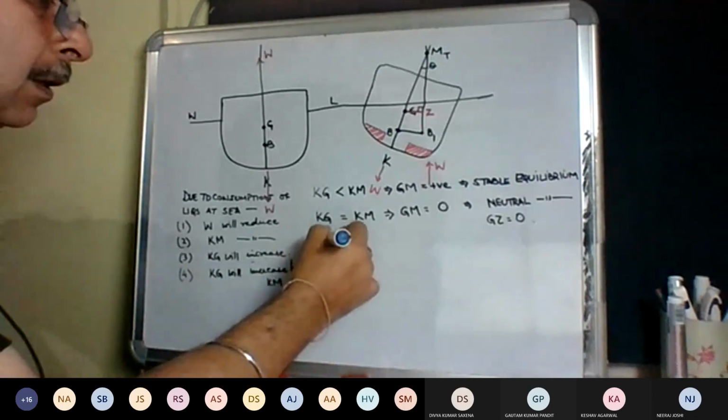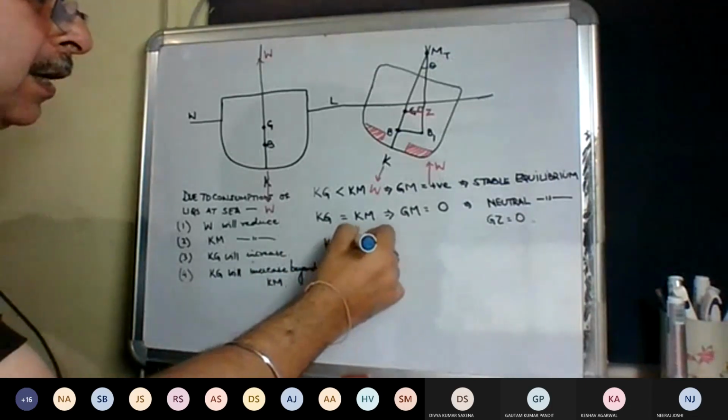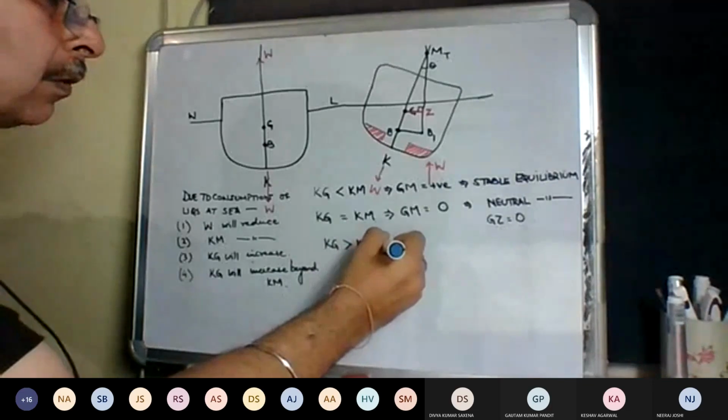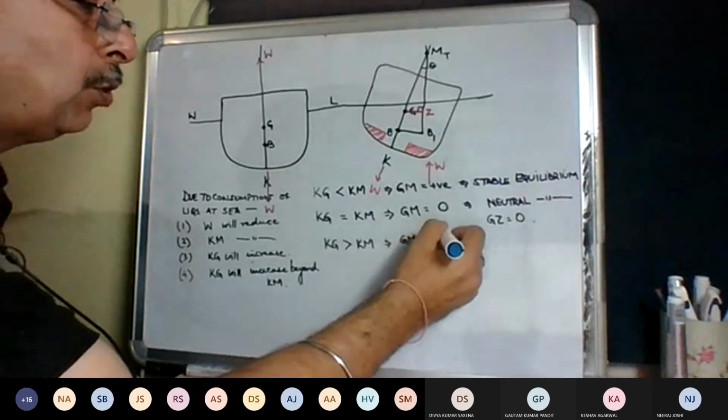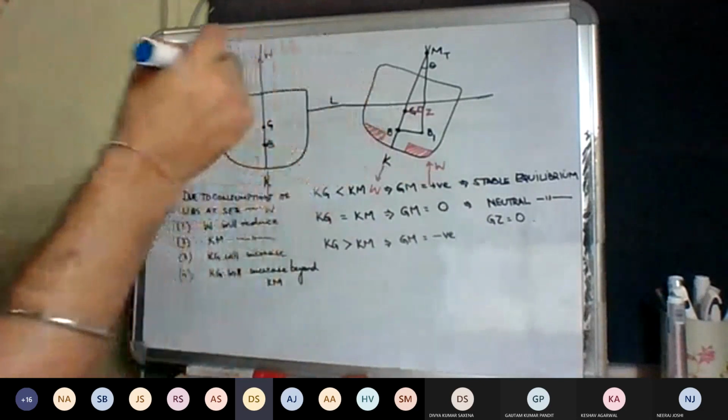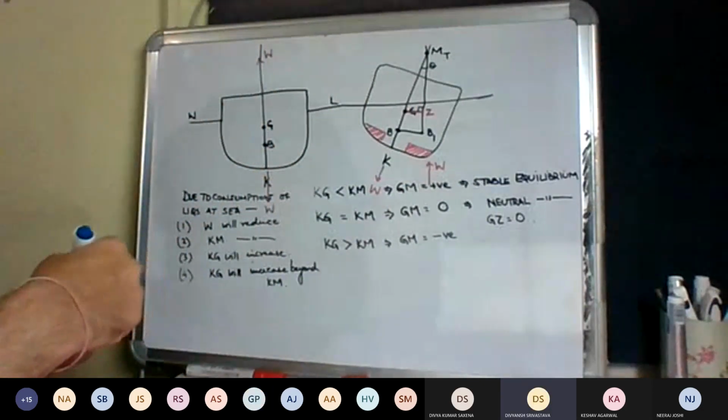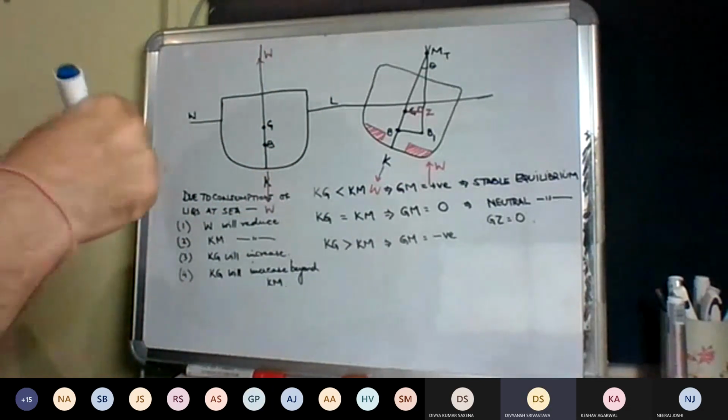So what will happen? KG is greater than KM. सर, एक बार ही इसका डायग्राम में बता दीजिएगा कैसे रहेगा KG greater than KM.